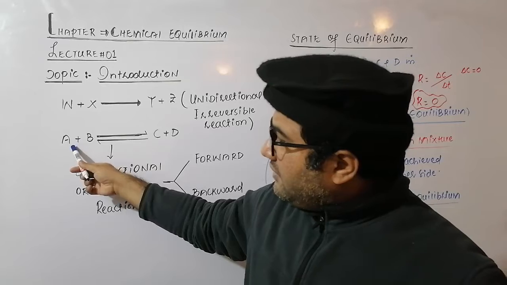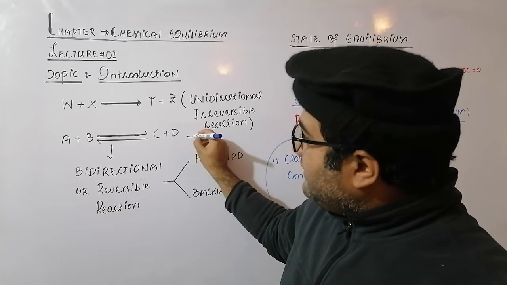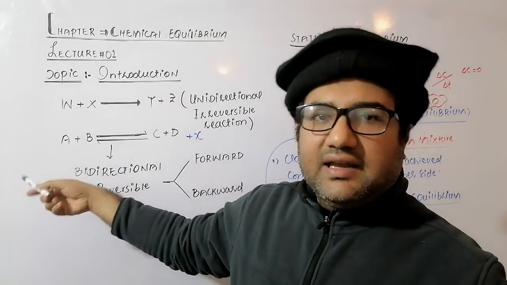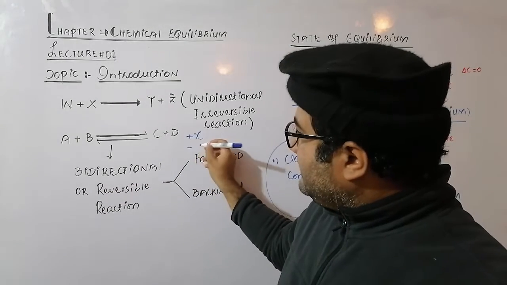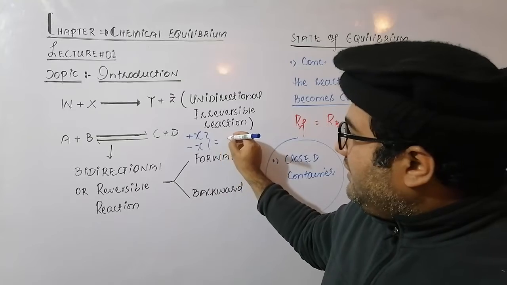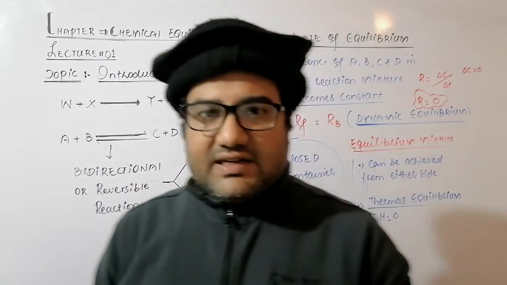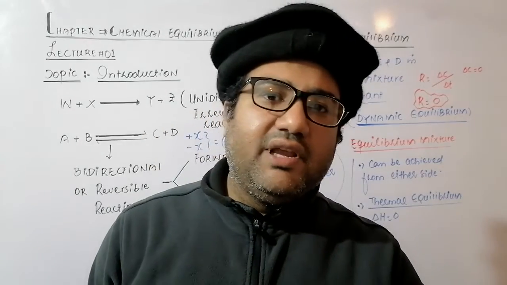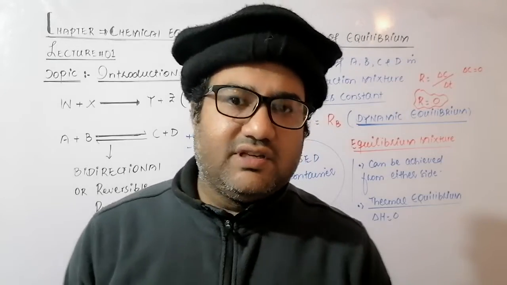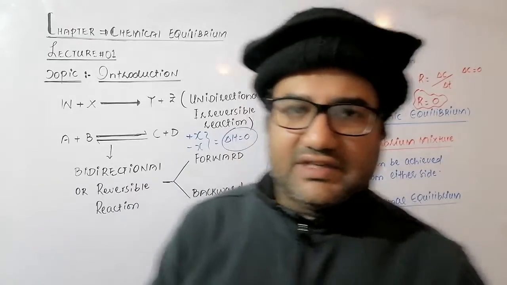Because if the forward process is endothermic, and the heat absorbed in the forward process is plus x kilojoule per mole, then the reverse process will be exothermic. And if that is minus x, then the amount of energy absorbed and released will be equal, and the net energy change will be 0. So at the state of dynamic equilibrium there should not be any energy released or absorbed into the system or out of the system. The energy must not enter the system, energy must not leave the system.